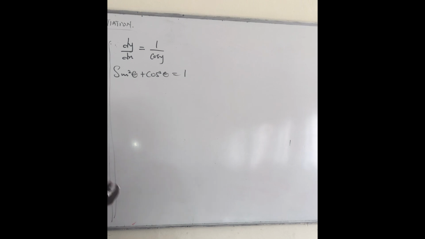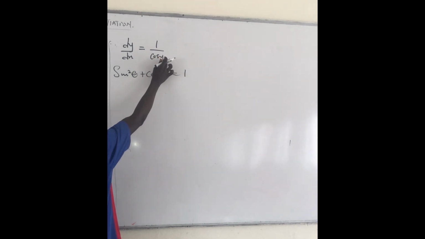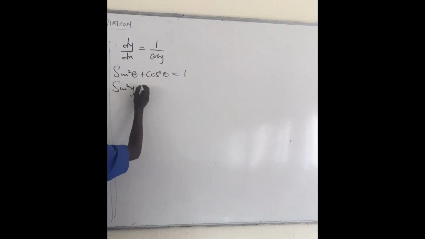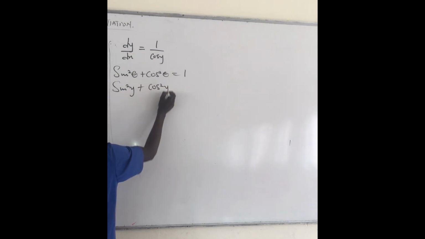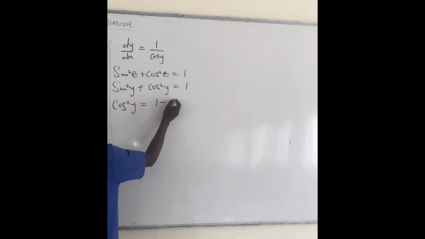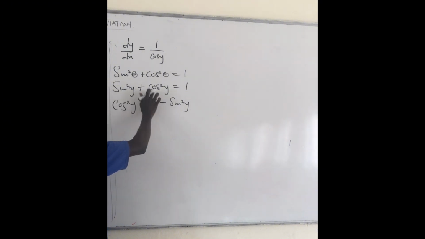Everyone knows that one. And I'm having y as theta. So in order for you to understand this, I'm going to make it sine squared y plus cos squared y is equal to 1. If you make cos squared y the subject of formula, you are going to have 1 minus sine squared y.